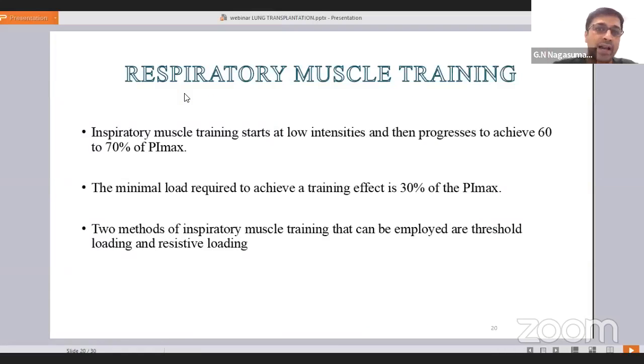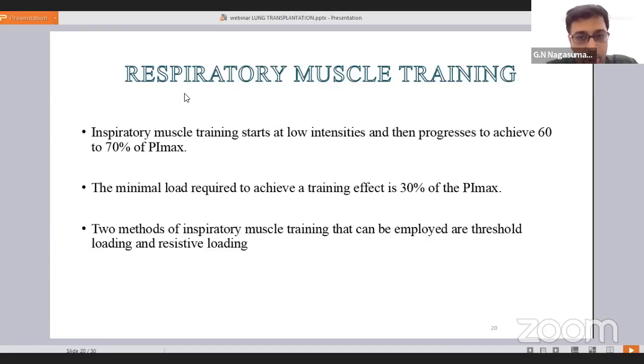When it comes to specific respiratory muscle training, it all depends upon our PFT report, maximum inspiratory pressure. We can progress up to 60 to 70%, but if you want to give specific training to the inspiratory muscles, we need to start with 30%. Here we should have a proper examination.